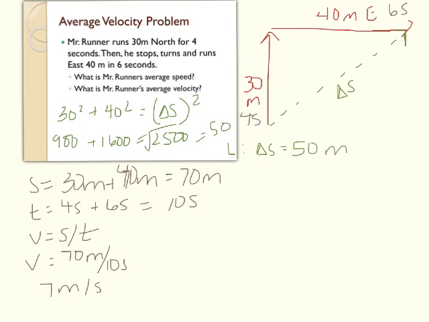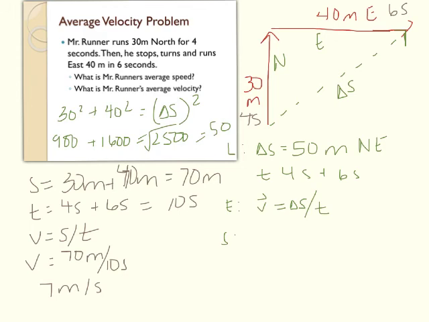And what do we need to add on to that? If you notice, this was north, this was east. Combined, it's northeast. Total time is easy, same as before: 4 seconds plus 6 seconds, which is 10 seconds. Our equation is velocity, so don't forget the little arrow on top, is equal to displacement divided by time.